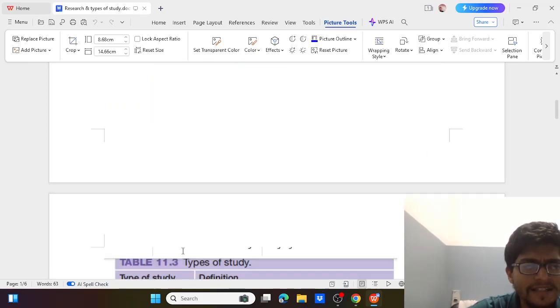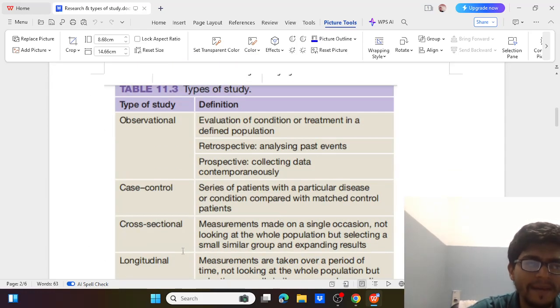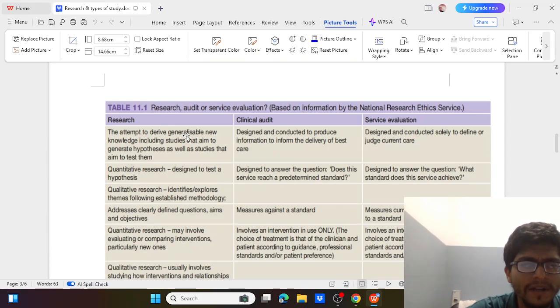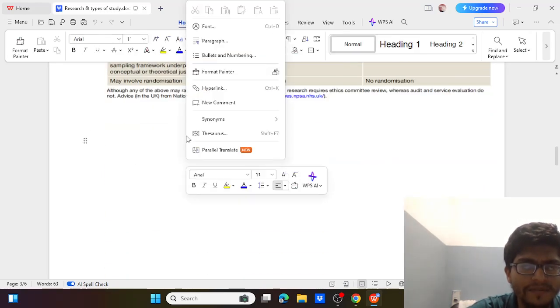Now we'll be seeing some types of study or types of research which we do. Before going into detail, it would be nice if we can see the more detailed classification of research.